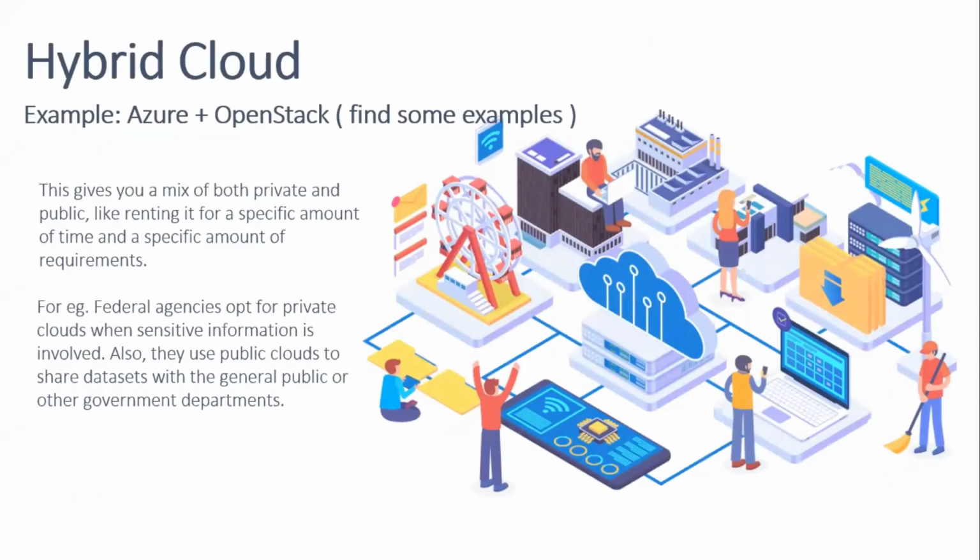For example, if we want to maintain any sensitive data or confidential data, we use the hybrid cloud in that scenario, where we use the private cloud for storing all the confidential and sensitive data, and the remaining applications or the remaining data we store on the public cloud.